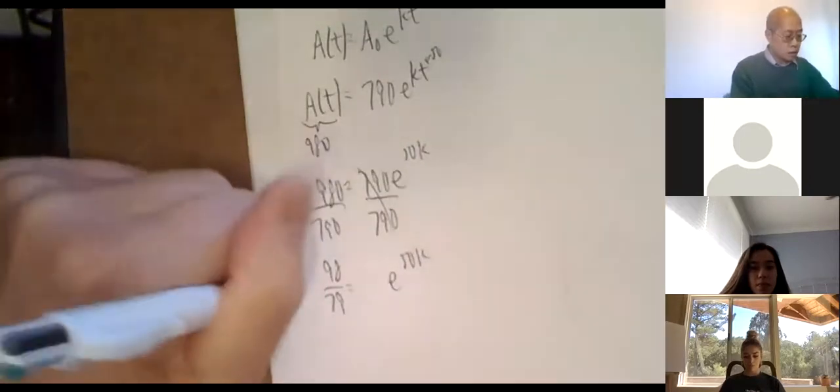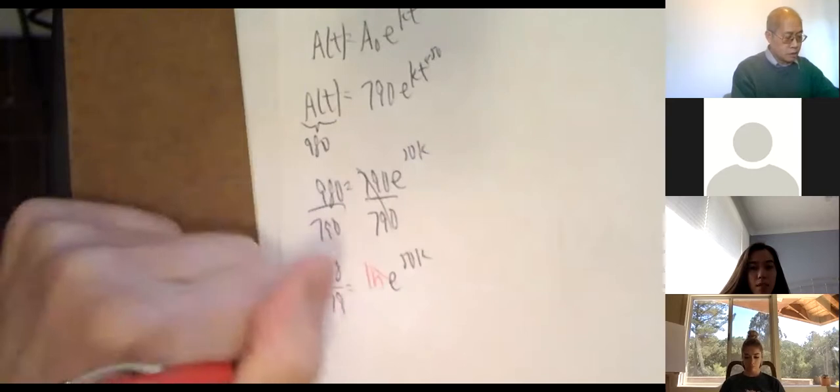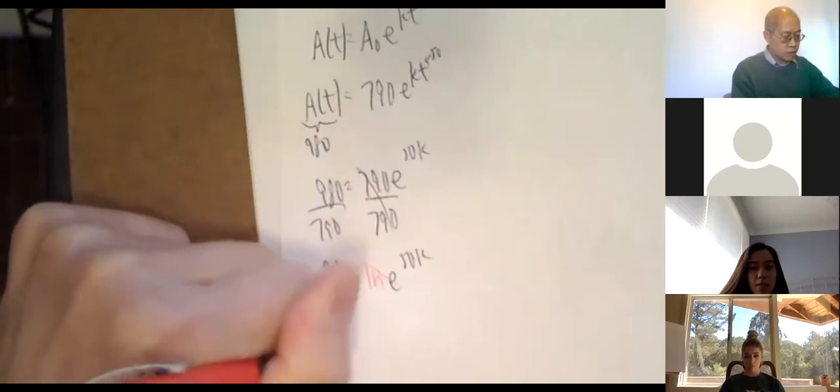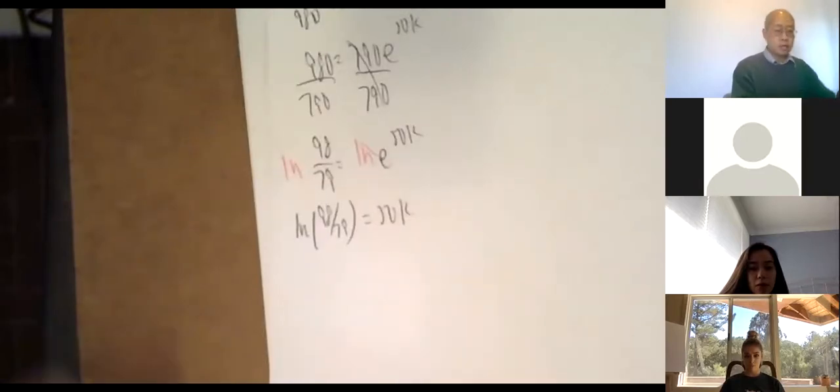ln, natural log of 98 over 79 equals 50k. Divide both sides by 50. Punch it in the machine.